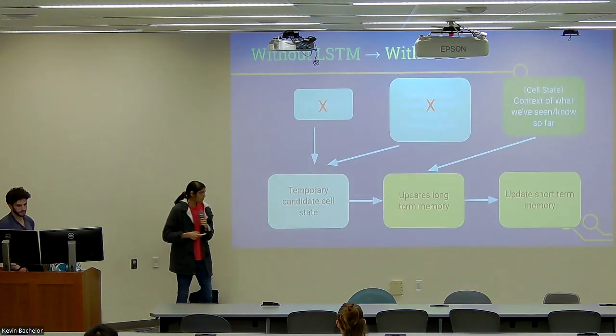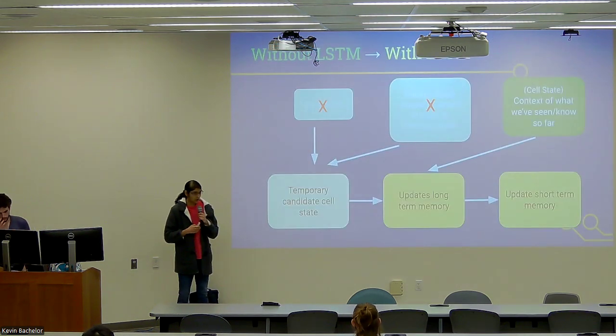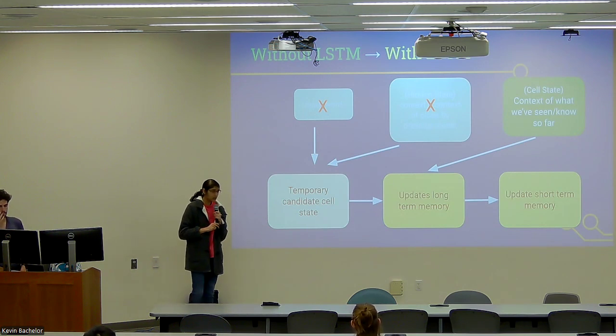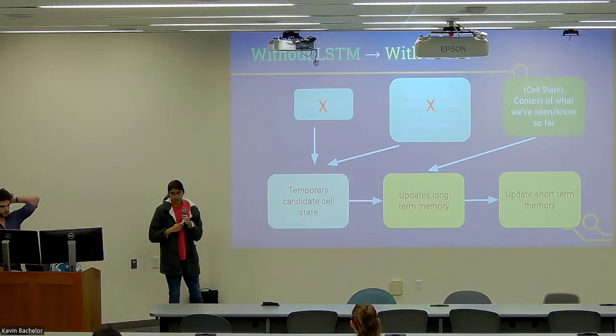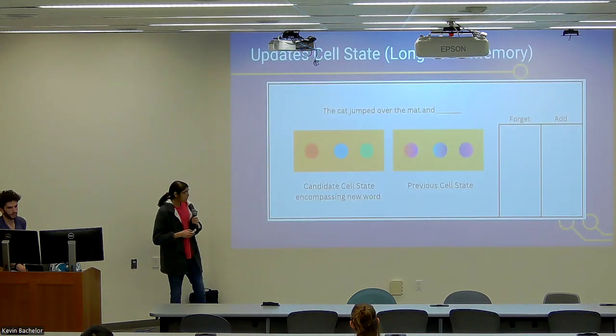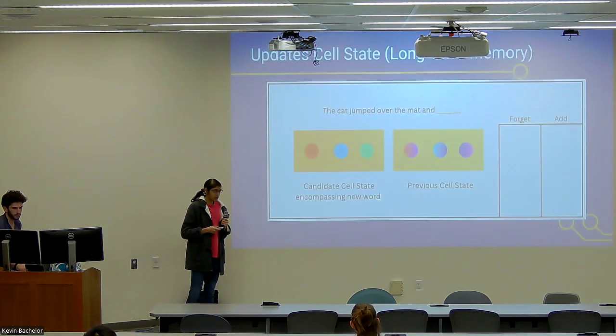Okay, so now we'll go over how this long-term, short-term memory is updated, because we know the LSTM uses it, but how exactly does that update work? The easiest way to go about this is likely through a visual. Let's say that you're cleaning out your house.